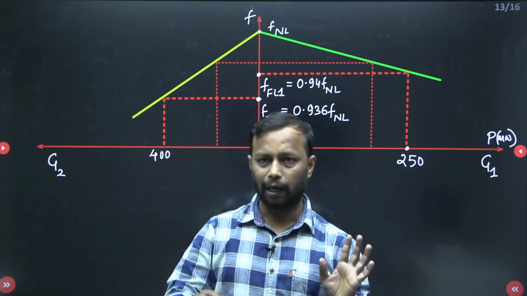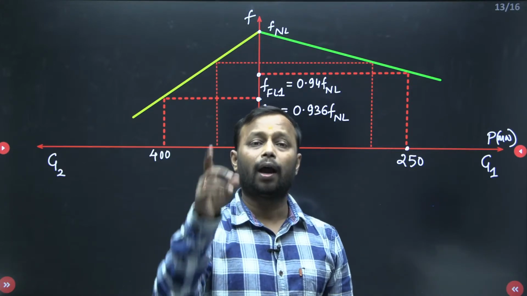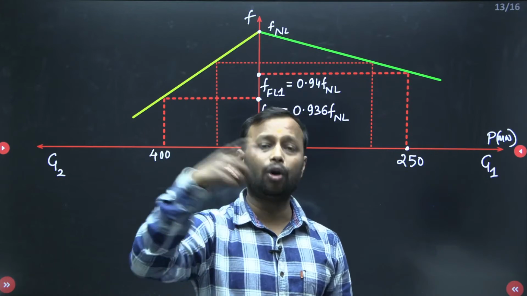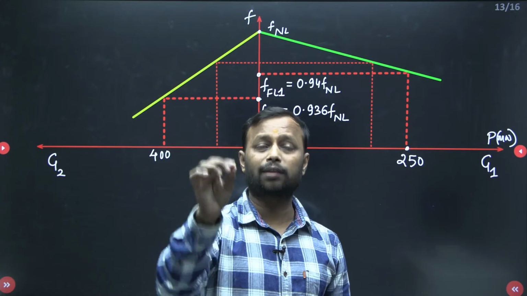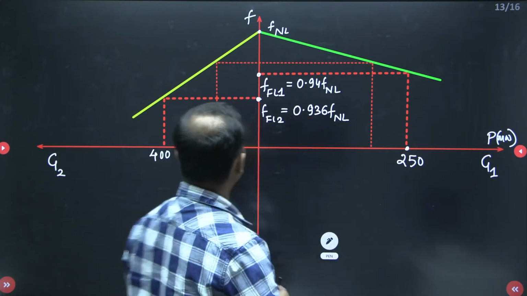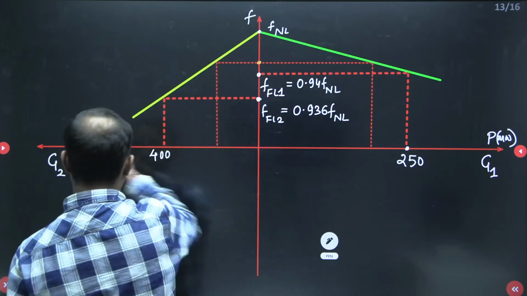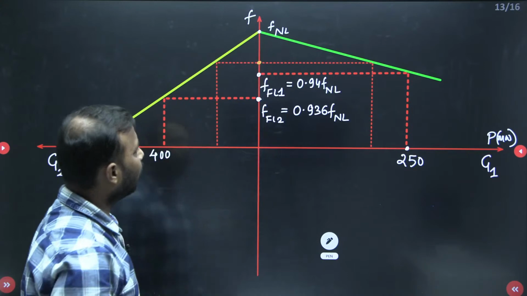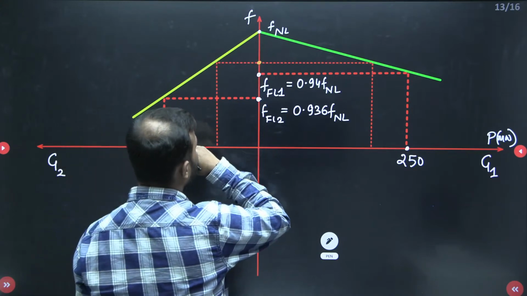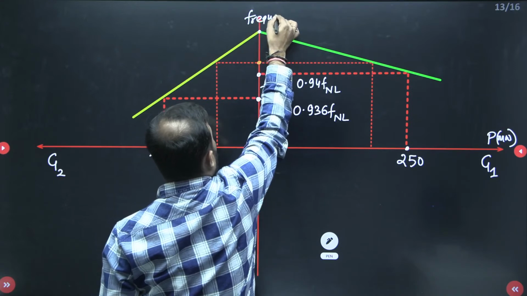Such that they are going to supply the load. Got the point? Let me repeat once again. Whenever generators are operating in parallel and supplying a load, they are going to operate at the same frequency. So here, this is your same frequency. Let me write frequency.